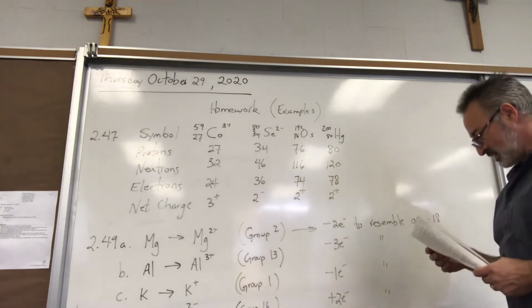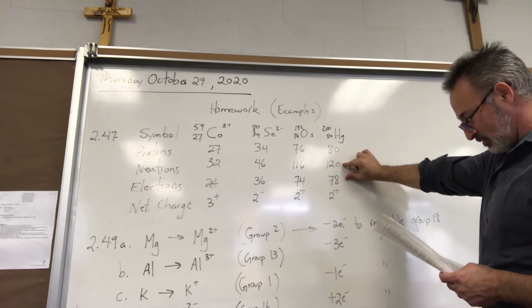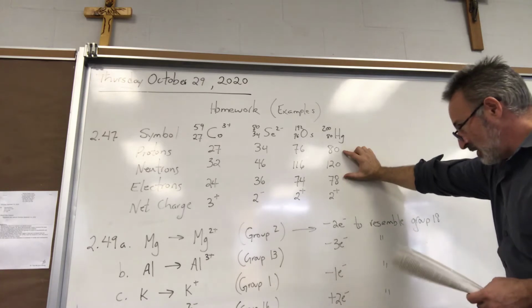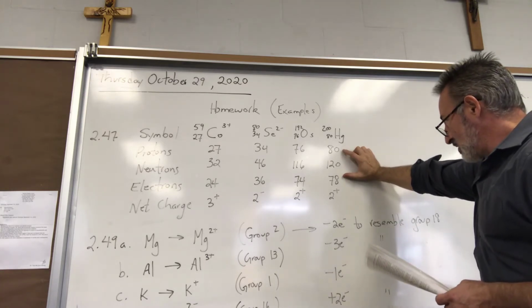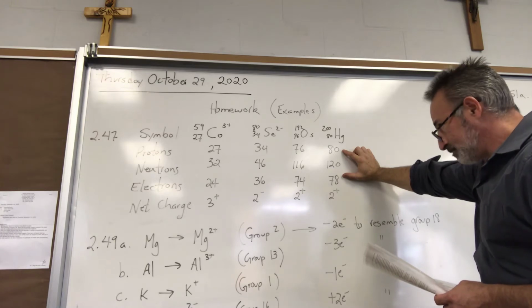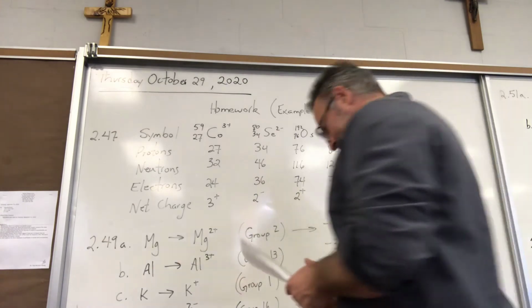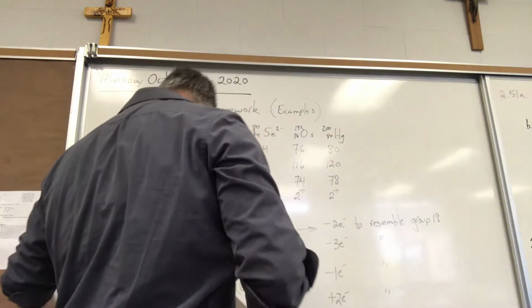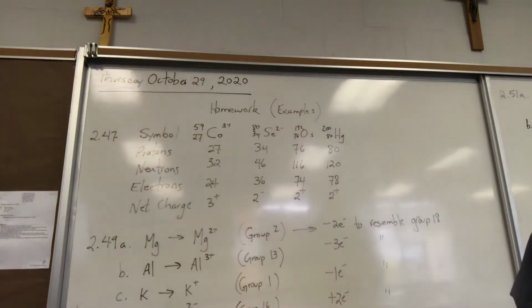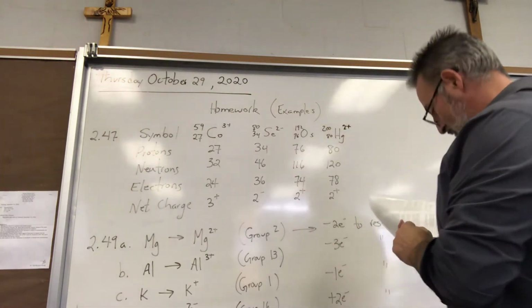Finally, in the last example, they give you these 3 numbers: the number of protons, the number of neutrons, and the number of electrons. So it's missing 2 electrons compared to the number of protons. So its charge is going to be +2, and I didn't write that here. Okay, so it's got a +2 charge.